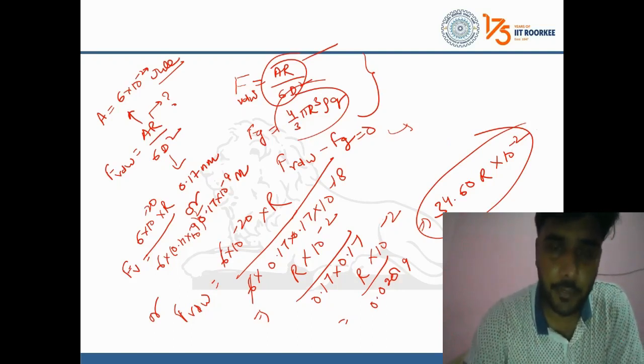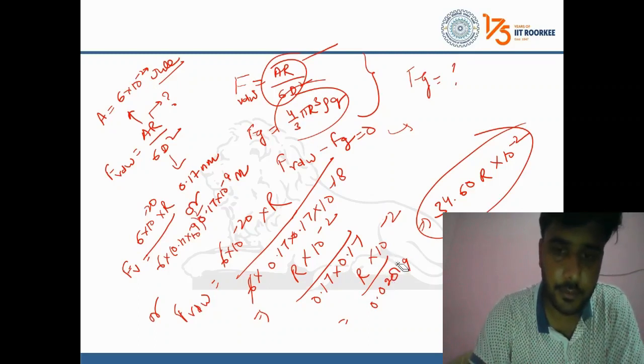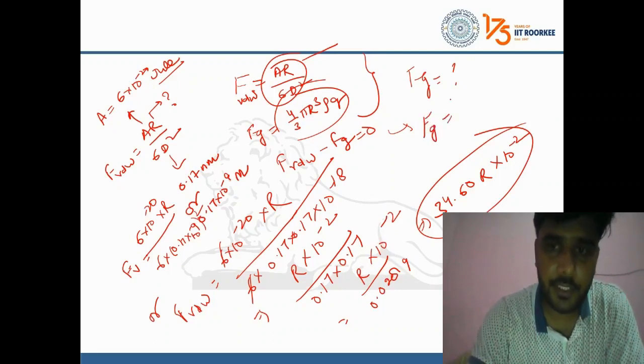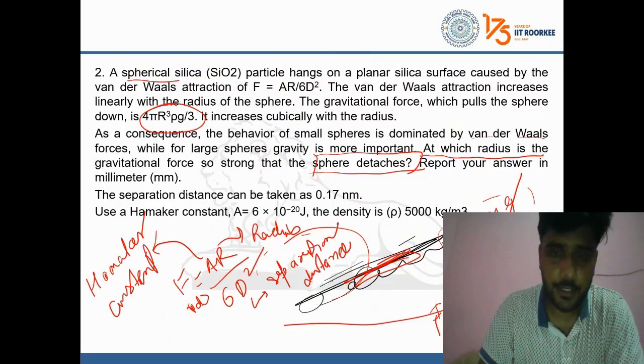And if we calculate the Fg value, Fg is equal to 4 by 3 times 3.14 times R cube, and the density is given here, 5000 kg per meter cube.